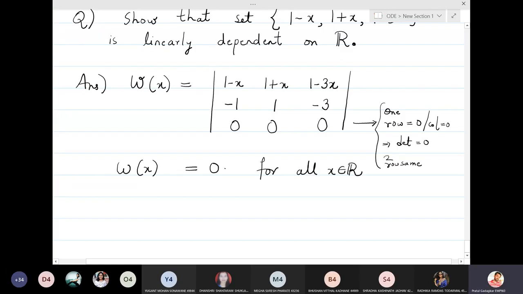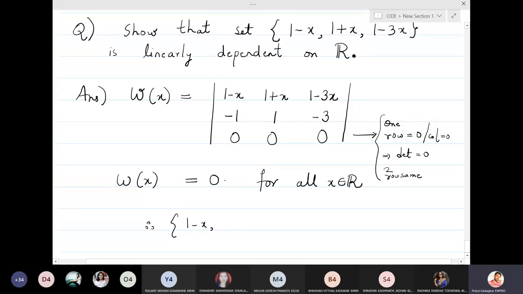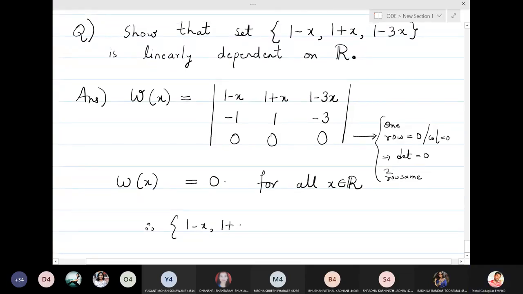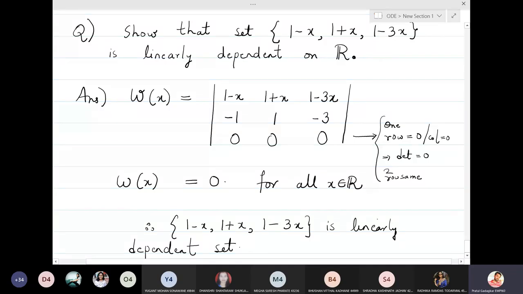Take any x, you will always get the Wronskian equal to 0, and therefore the three functions 1 minus x, 1 plus x, and 1 minus 3x form a linearly dependent set.